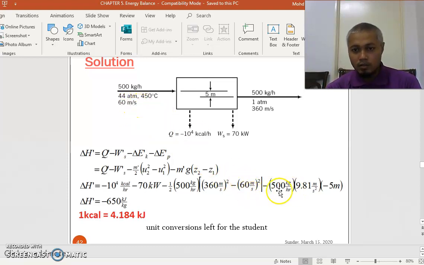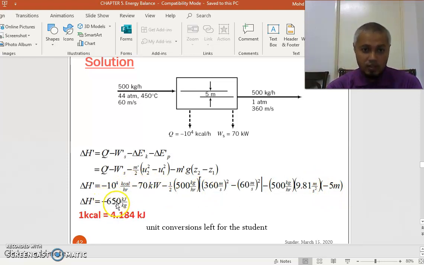Then this is the formula for potential energy, where we have the mass flow rate, the gravitational acceleration, and also the elevation here. So if you work it out, you will get this value.